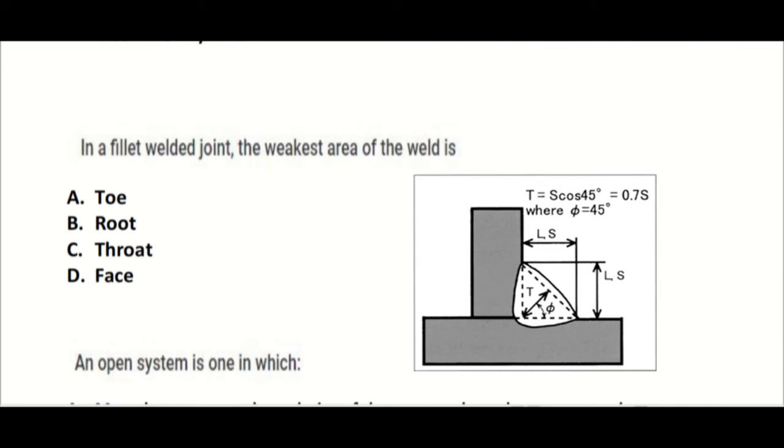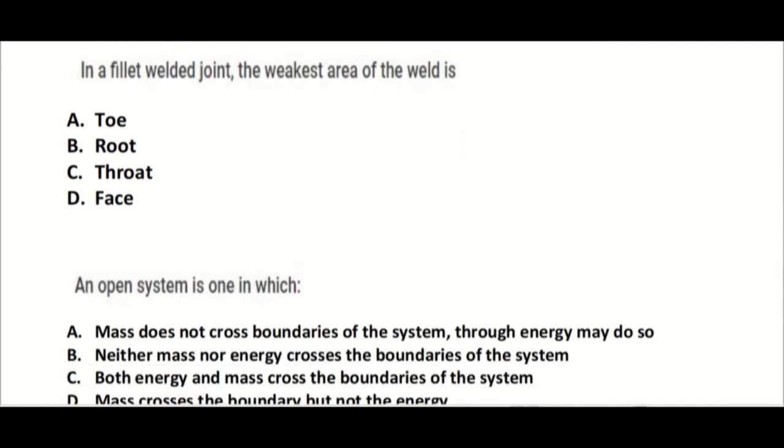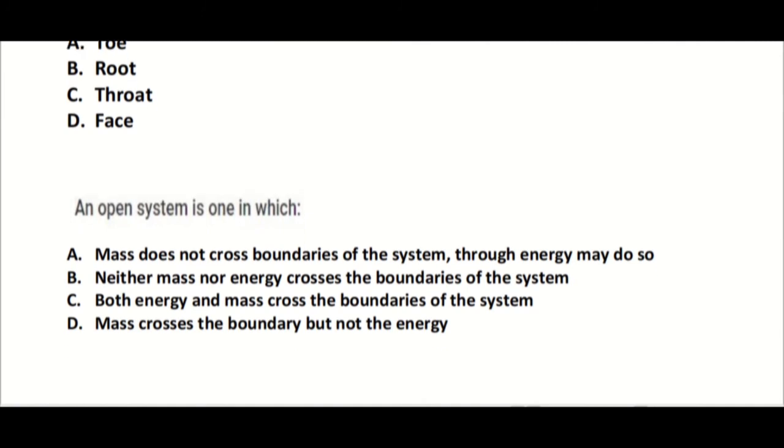Throat in fillet welding is the minimum cross section of the weld, located at 45 degrees to the leg dimension. So the maximum shear stress will develop at the throat only, and because of that the failure will happen at the throat of the weld. Option C, throat.